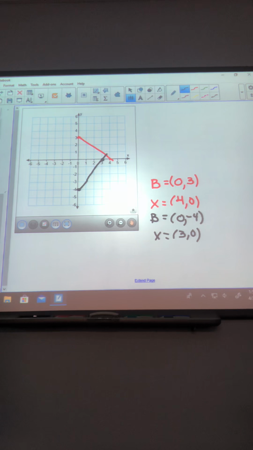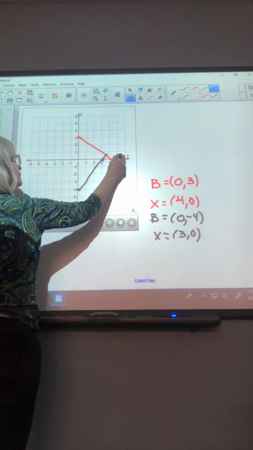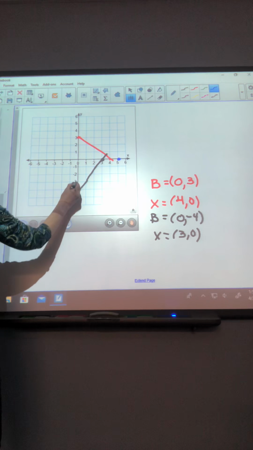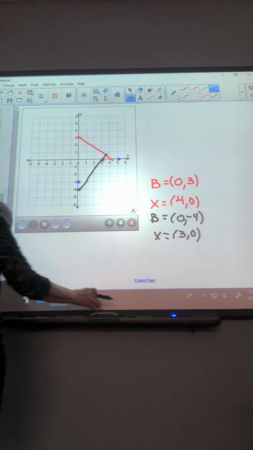Okay, and then the last one is number 4. Go ahead and take a look at that graph. I looked at it completely wrong.